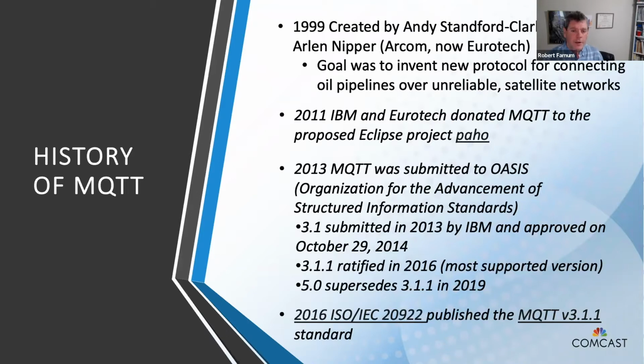In 2013, it was adopted as an OASIS standard, and 3.1 was released in 2013. 3.1.1, which is the version we use, was ratified in 2016, which is fairly recent. But 5.0 finally supersedes 3.1.1 as of 2019. We look forward to being able to adopt that new standard. And finally, in 2016, it was also published as an ISO/IEC standard.